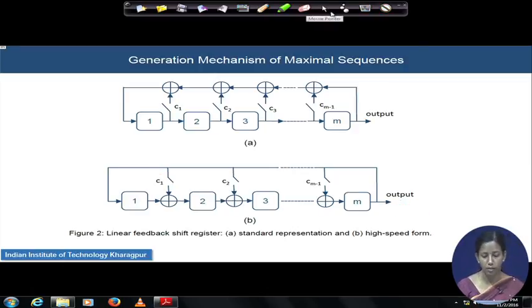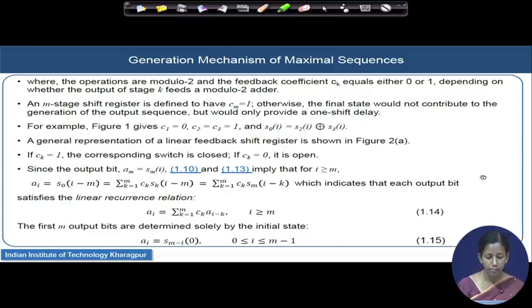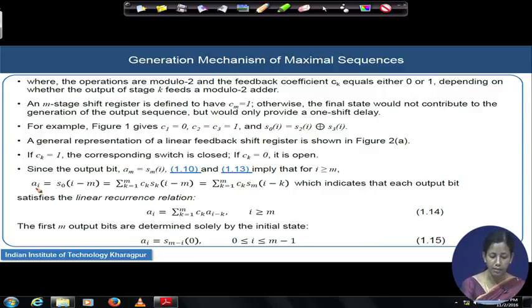Currently what I am trying to see is the value of A_i at the output when i is less than or equal to M, what I am getting at the output is basically the initial values stored one by one in the stages.